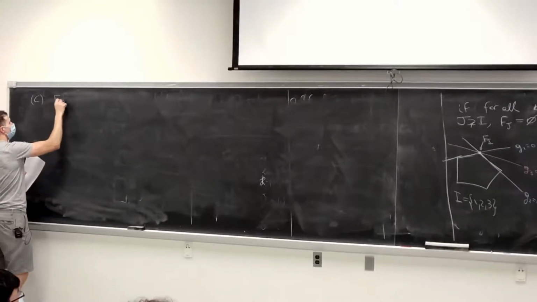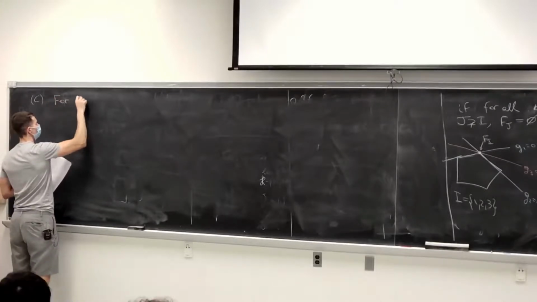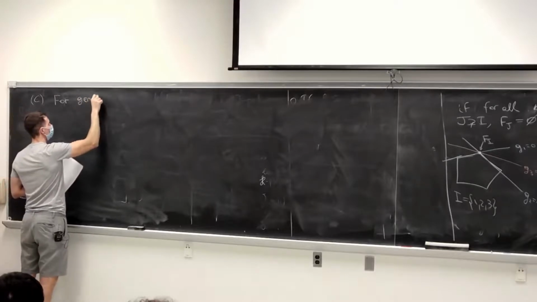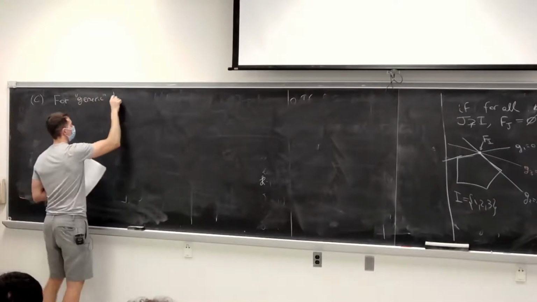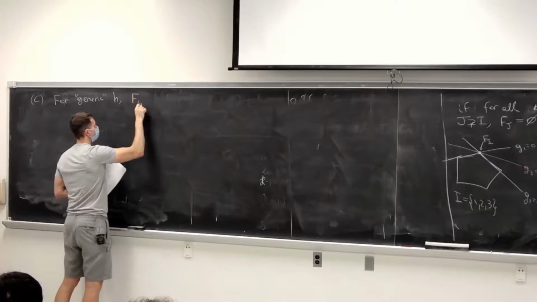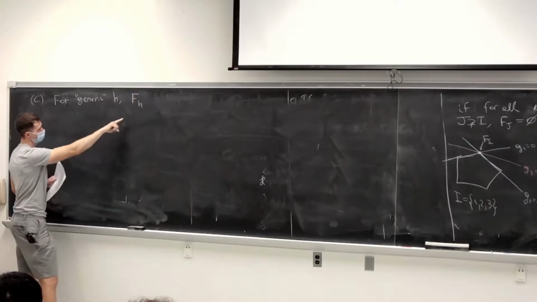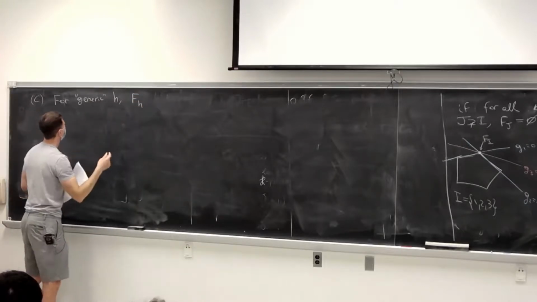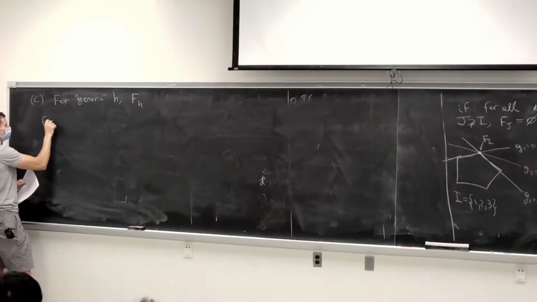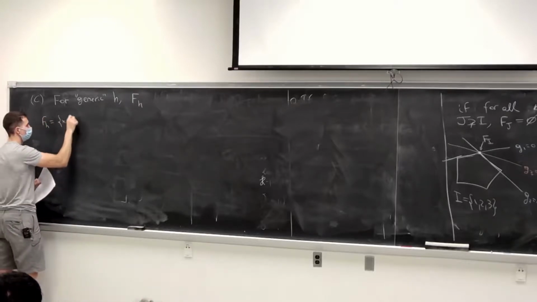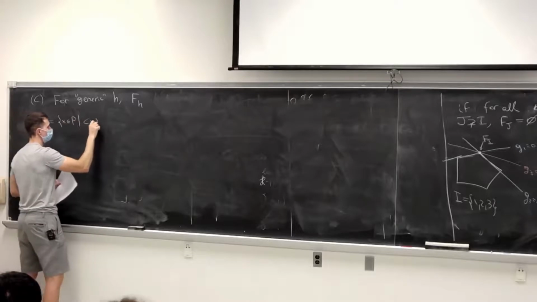So when H is generic, remember f sub H is the set of all points in P where the dot product with H is maximized.